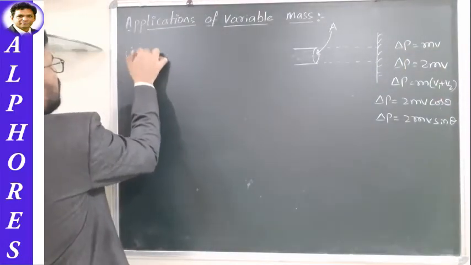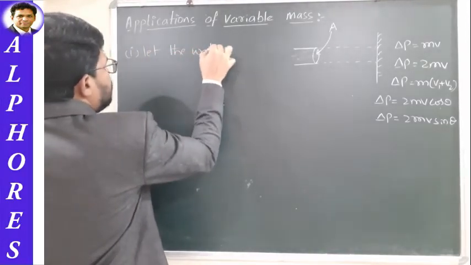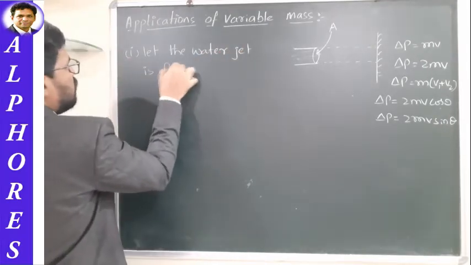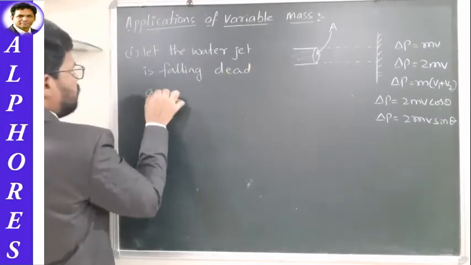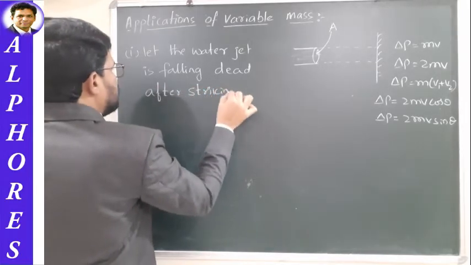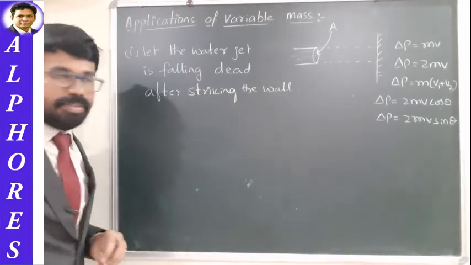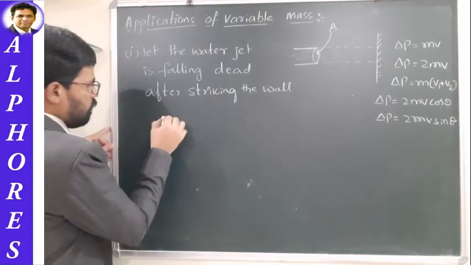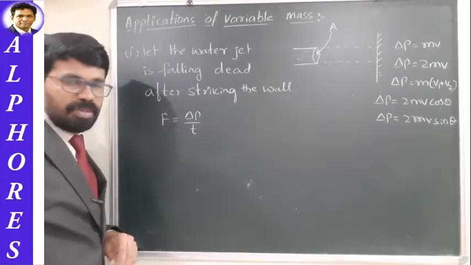First case: let the water jet fall dead after striking the wall. In that case, how much force will act on the wall? Let us find out. Force is equal to change in momentum by time.